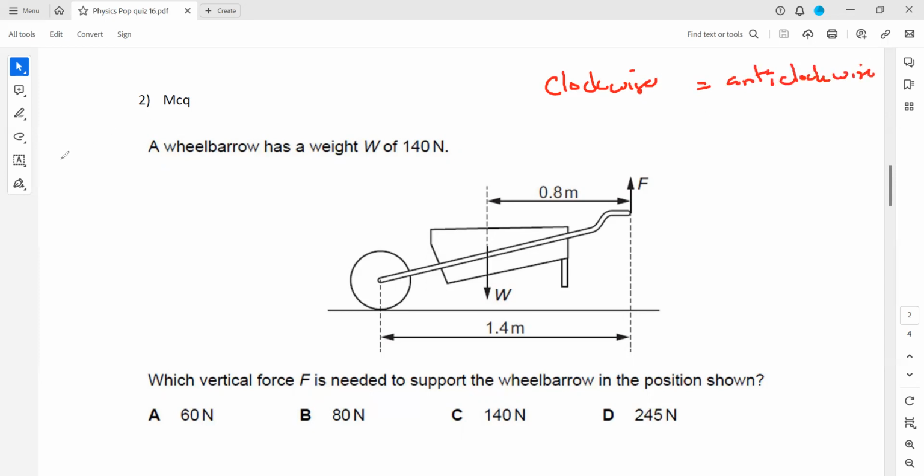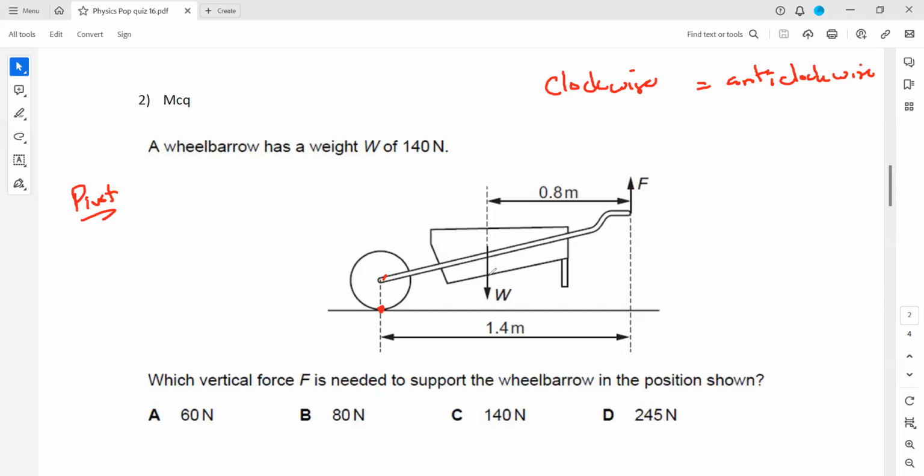To solve these questions, first you have to identify the point of rotation, or pivot. Around which point will this rotate, clockwise and anti-clockwise? So this is a pivot.